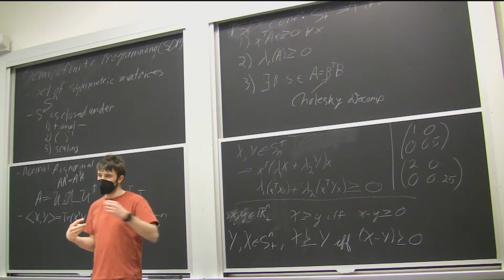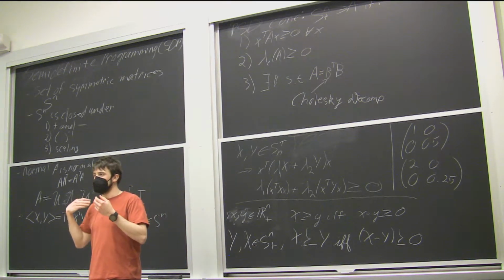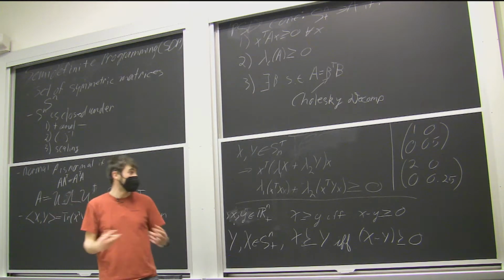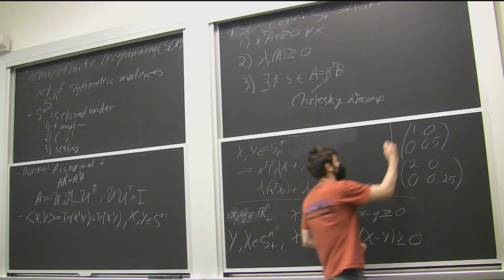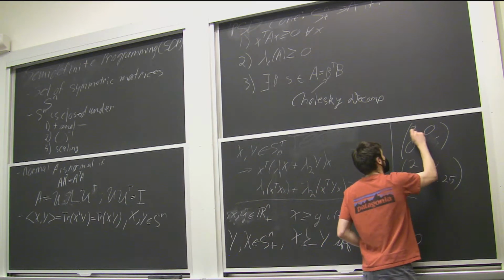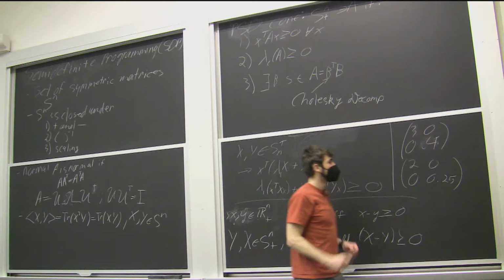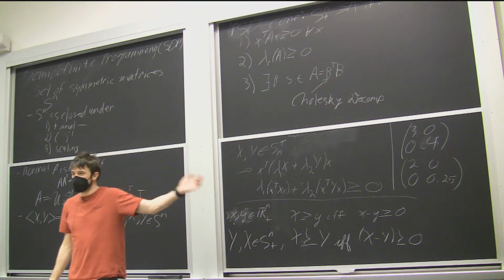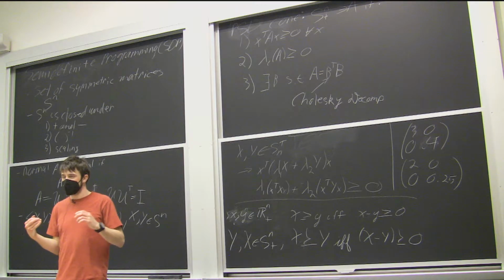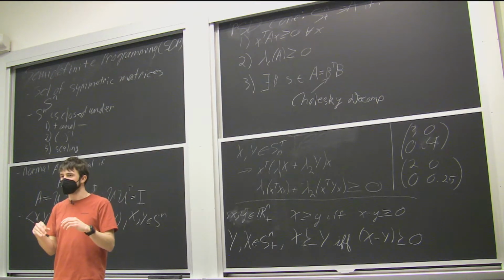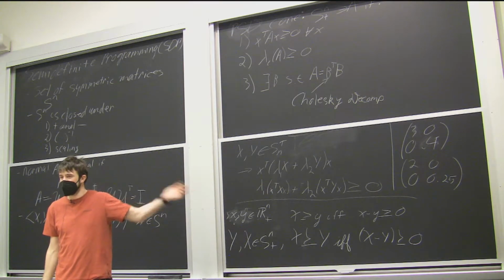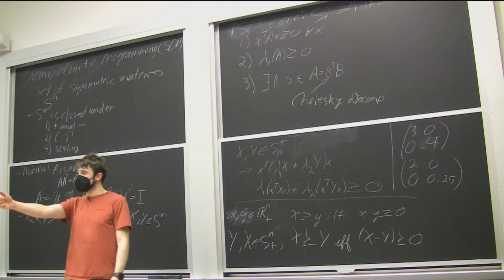So not every matrix can be compared to every other matrix, but there are some. For example, if I do 3 and 4 here, this matrix is strictly larger because if I subtract them, these are diagonal, so I know exactly what their eigenvalues are going to be, and those eigenvalues are going to be positive. Go ahead.